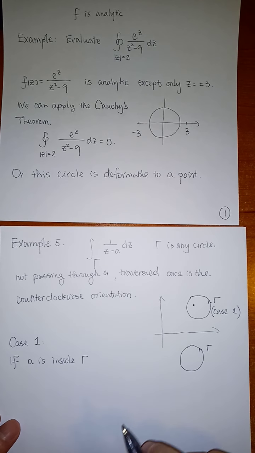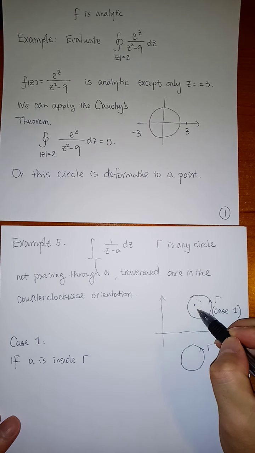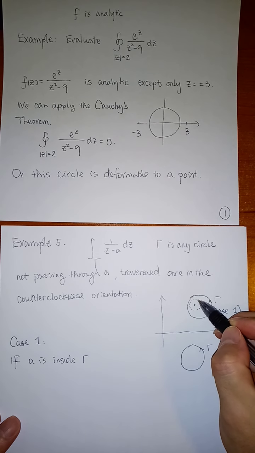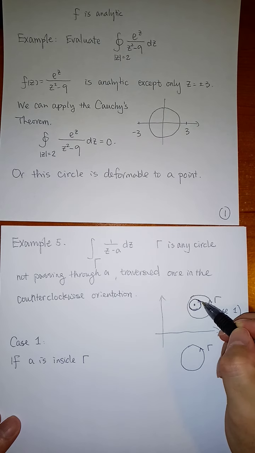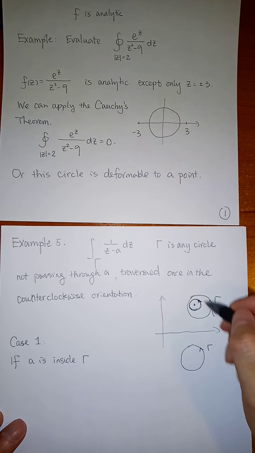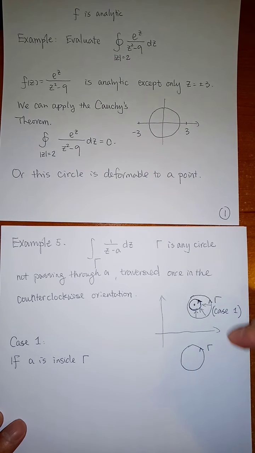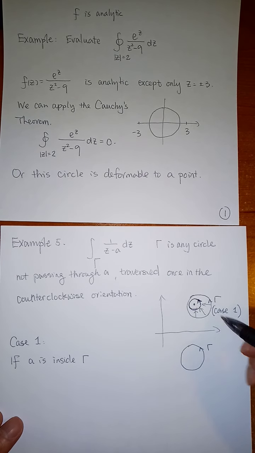If it is inside of gamma, we can technically shrink this circle to a circle centered at A with radius r, whatever radius. The new circle is also traversed counterclockwise once. So just use deformation to shrink this bigger circle gamma to the small circle centered at the point A with radius r, small enough.